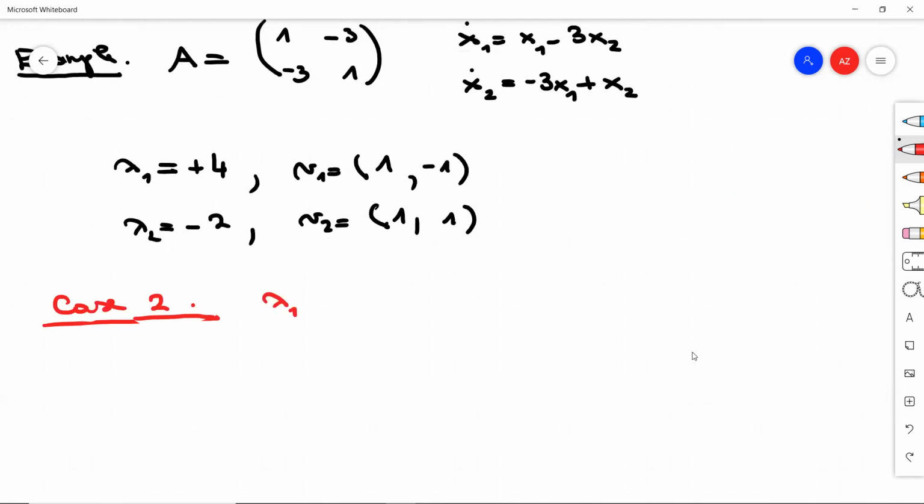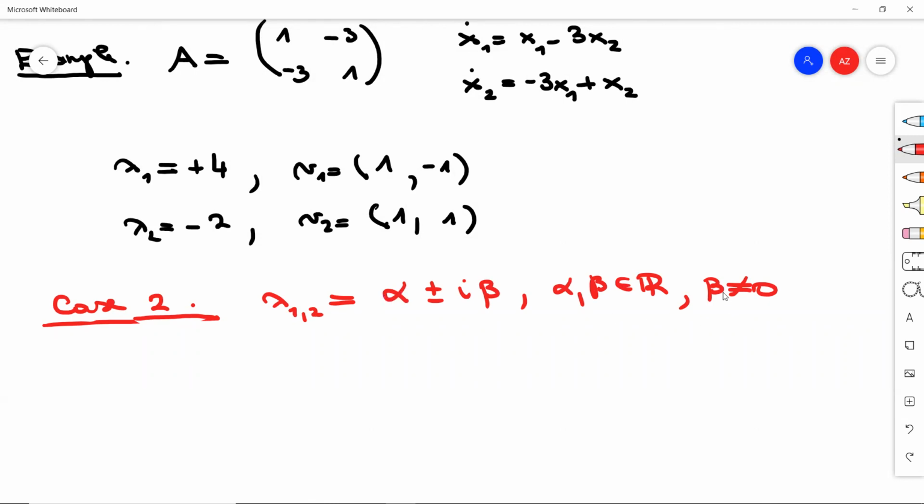Lambda 1 and lambda 2 are complex conjugates, so alpha plus minus i beta, where alpha and beta are real numbers, and beta is non-zero. If beta was 0, then both eigenvalues would be real and equal, but we won't study this case.